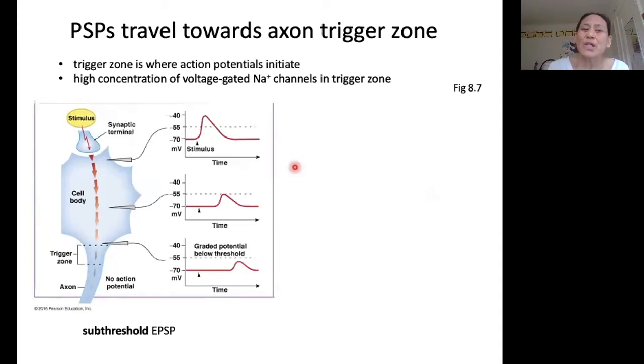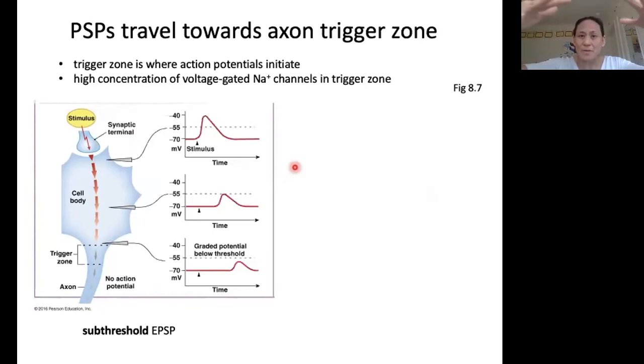So now let's take a look at what happens to PSPs after they're generated at the postsynaptic neuron, okay? I want to remind you that the PSP is being formed near where the neurotransmitter receptors were, because that's where the channels are as well.